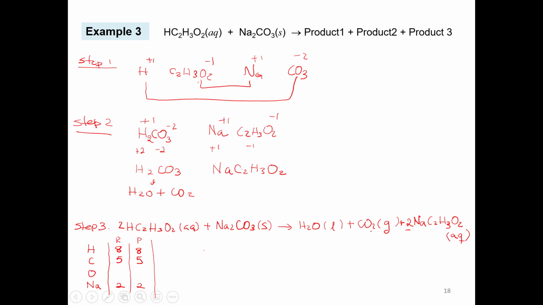We had 1 plus 2 is 3. 2 plus 2 is 4. Then we had 7. Then it's right. We had 7 and 7.